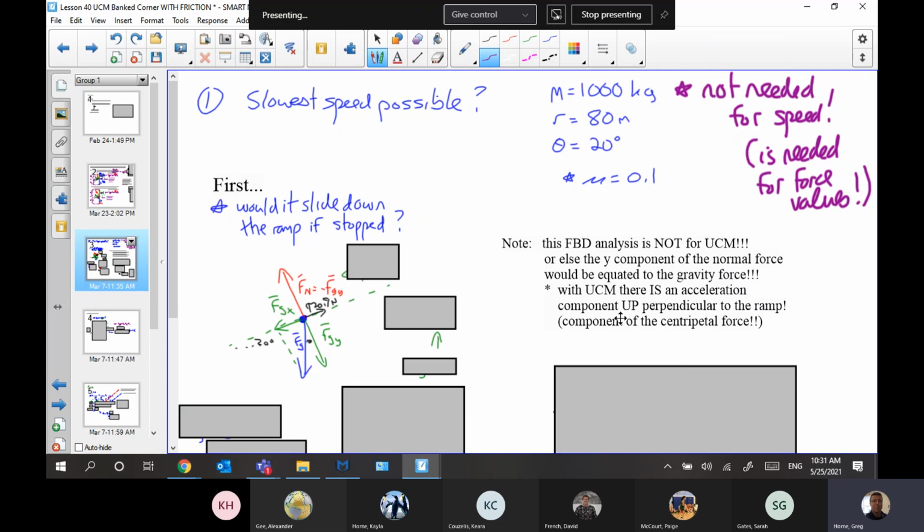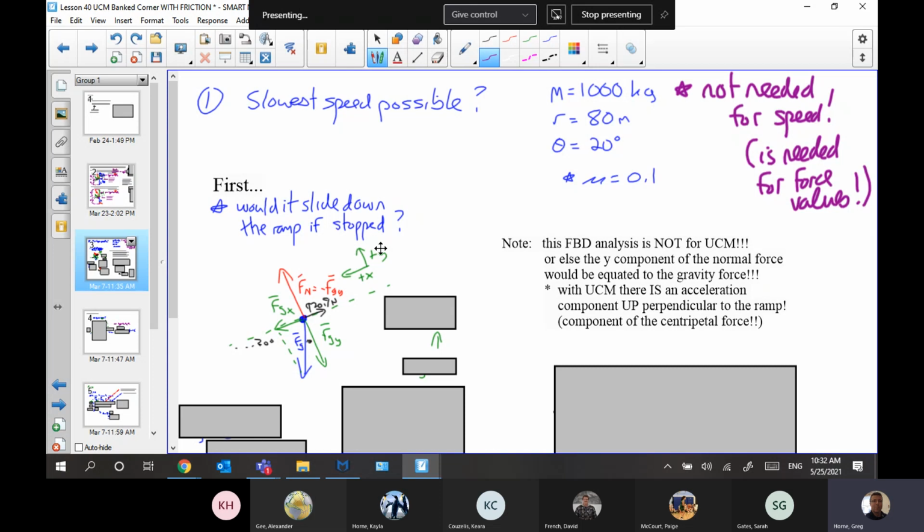This is basically if this is a ramp and we're seeing what would happen if we stopped and let it slide, right? And so we're going to be checking to see if the gravity component down the ramp is bigger or smaller than that friction force that's available, okay? We're hoping that the gravity force is bigger than the friction force, so that it'll slide down, in which case there's a certain minimum uniform circular motion speed that's possible.